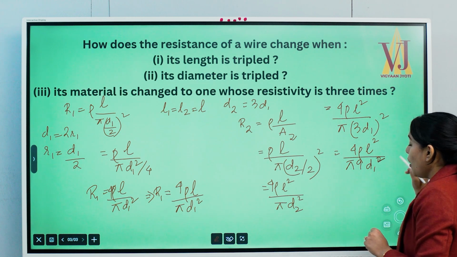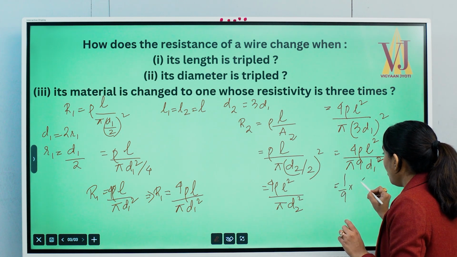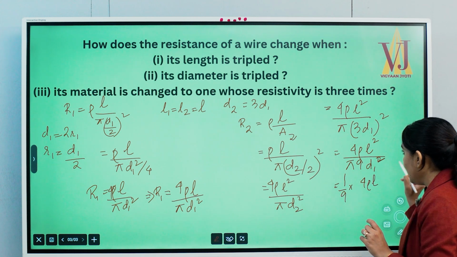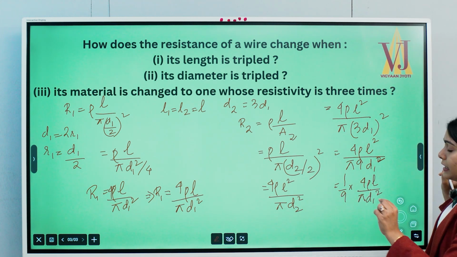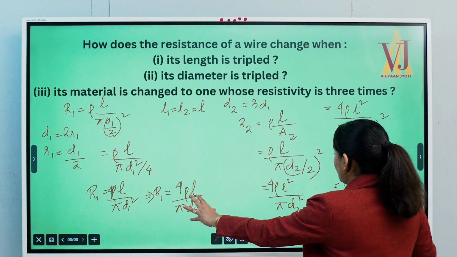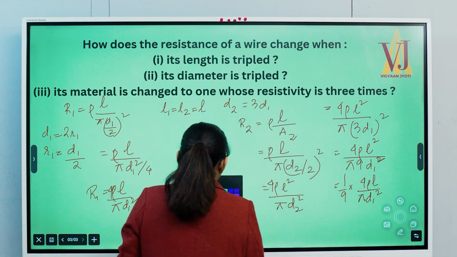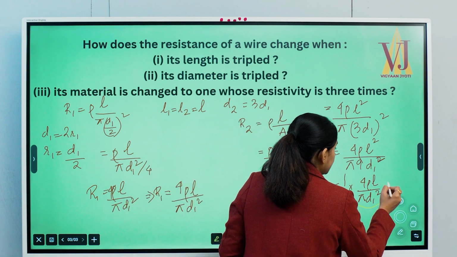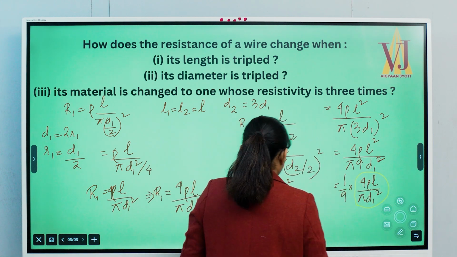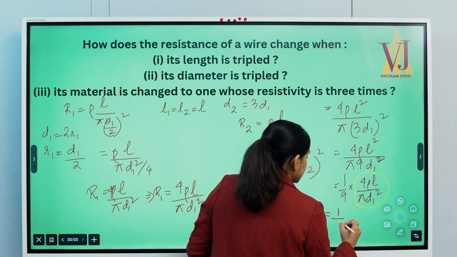Right? Fine. Now we will segregate them. That is 1 by 9 into 4 rho L over pi d1 square. Did you understand here? See, we got the same expression, right? So if I now segregate this, I can express it in terms of my old resistance.